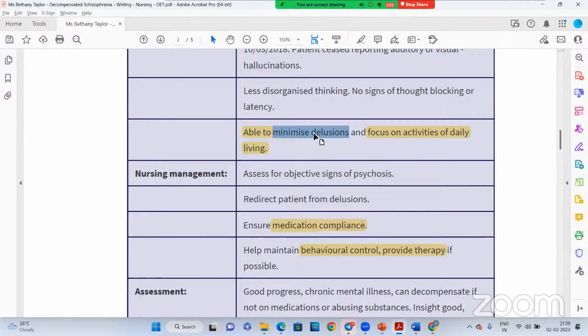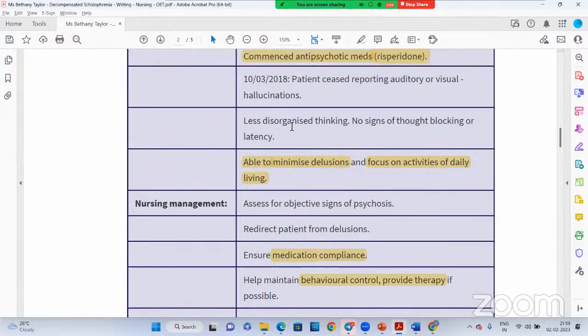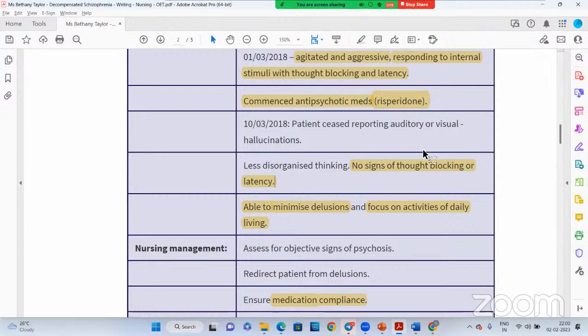Able to minimize delusions. So, no signs of thought blocking, no signs of latency now. So after all these things, no signs of thought blocking and no signs of latency. And no disorganized thinking.